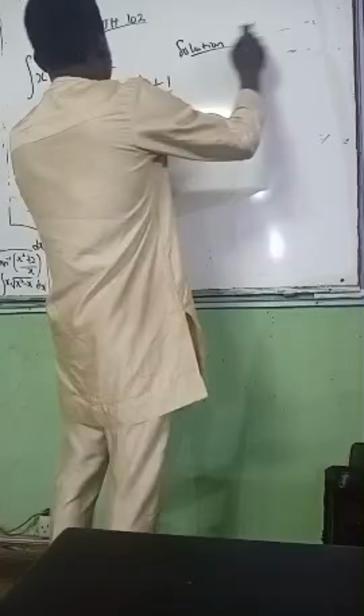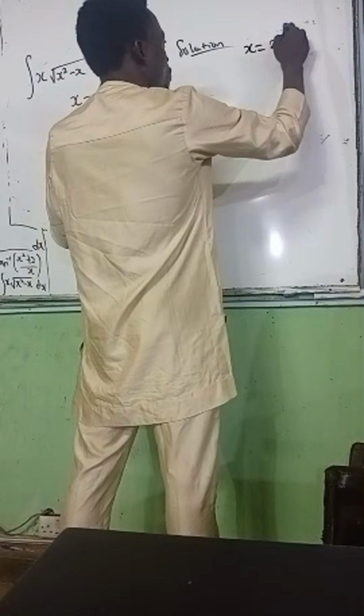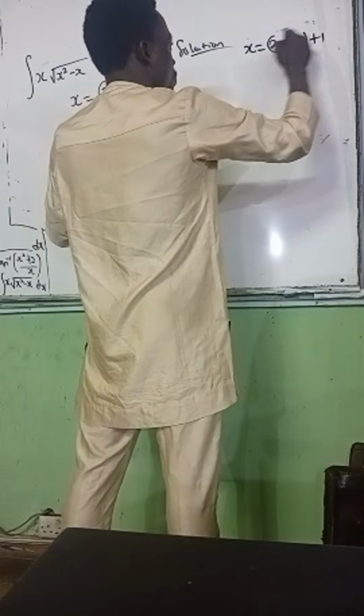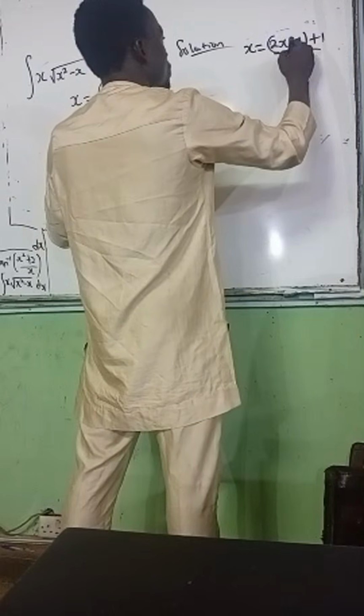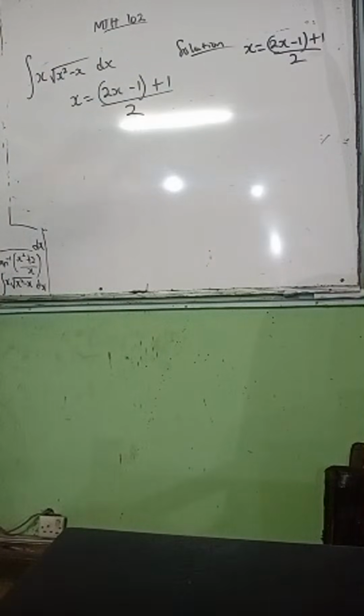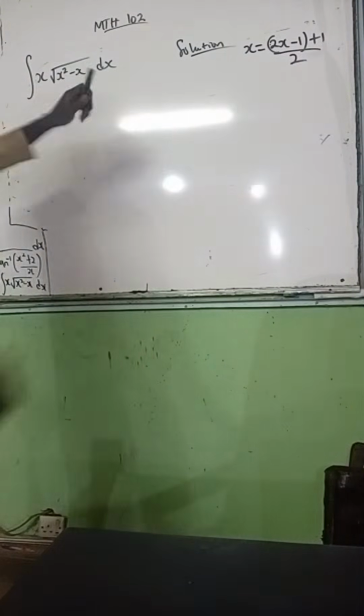Let me write it down. x equals 2x minus 1 plus 1 over 2. Do you know why I need that 2x minus 1? If I differentiate x squared minus x, you get 2x minus 1.